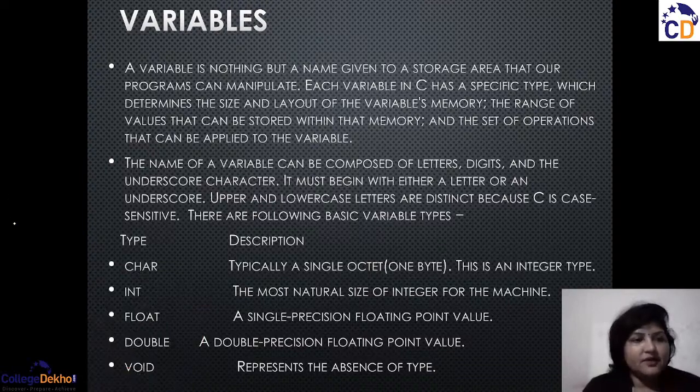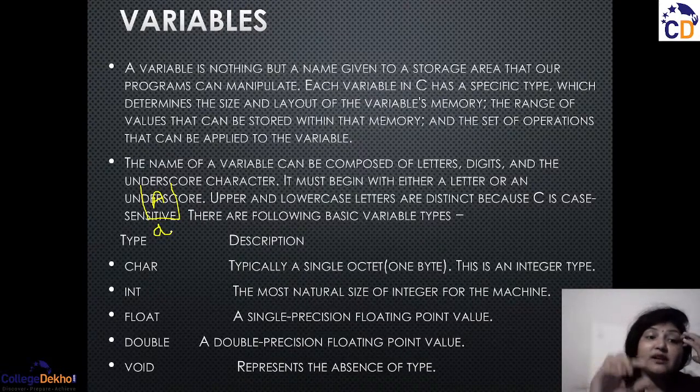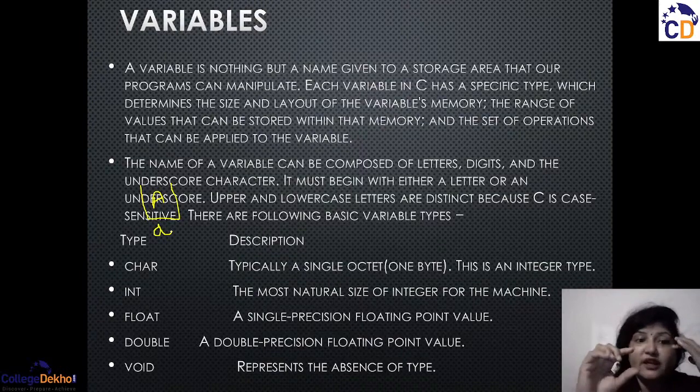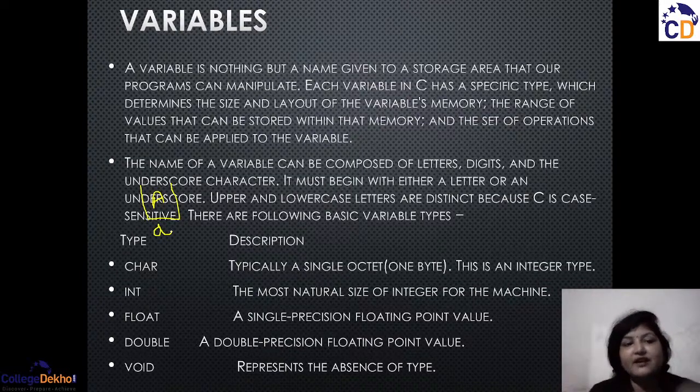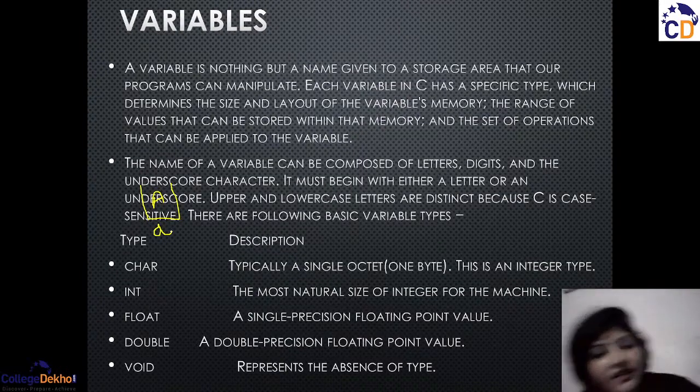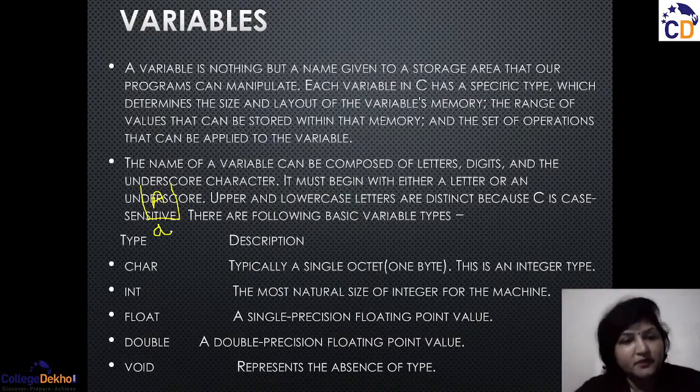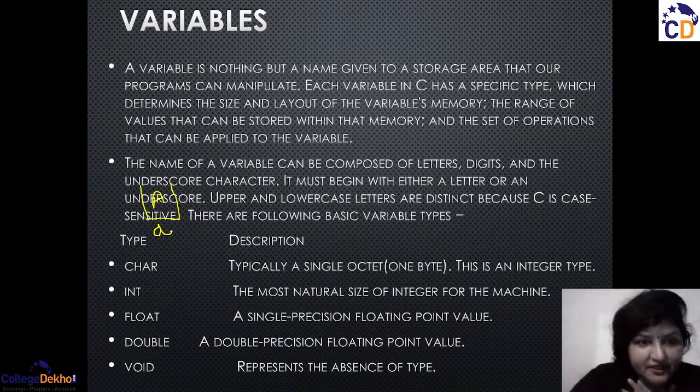I am taking this container, and this container has the value A, and the variable name is a. So this variable is a type of container which holds some value, it has its name, and it has its address in the memory.